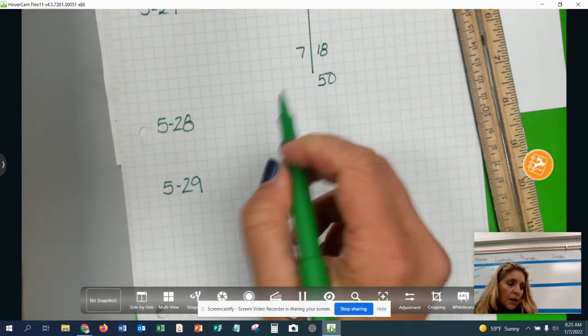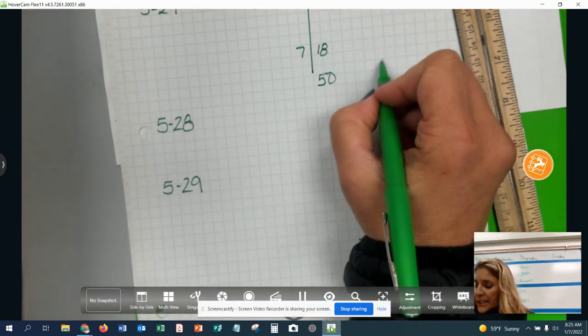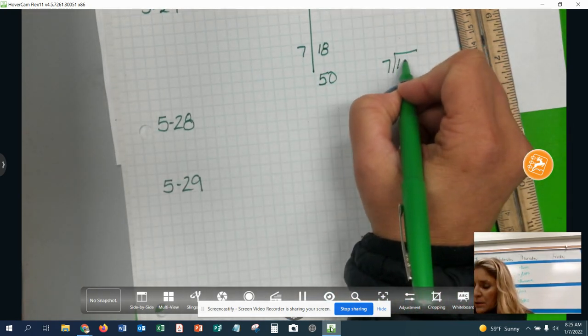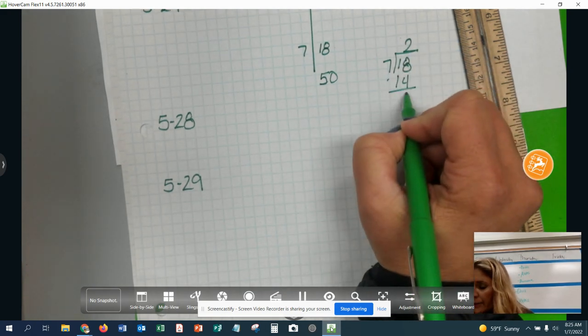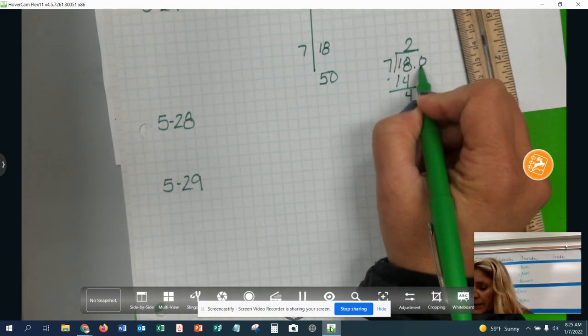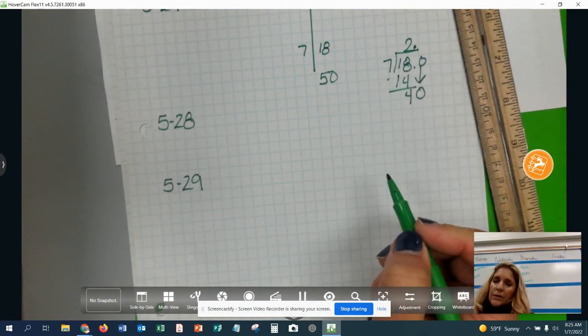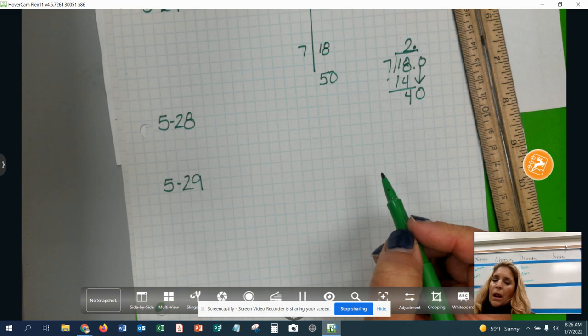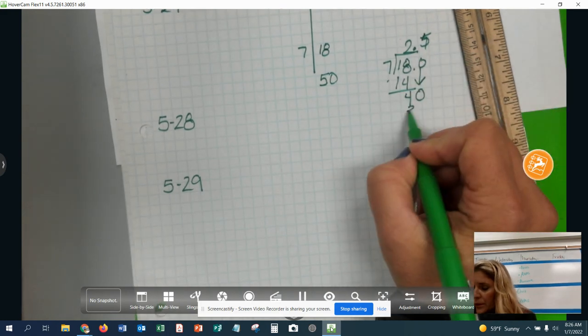So in this, you can totally do this by dividing 7 into 18. 7 goes 2 times. You have 14. You have 4 left over. You bring down the 0, and then you have 7 goes into 40. It goes into 40, 5 times, because that's 35.